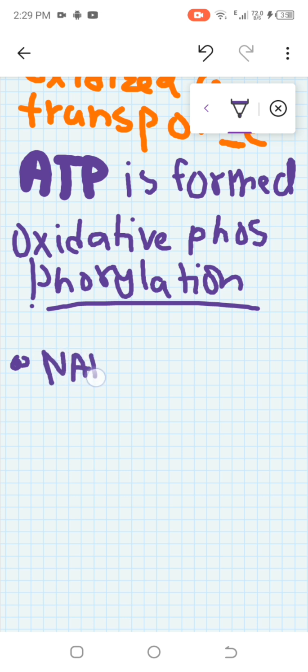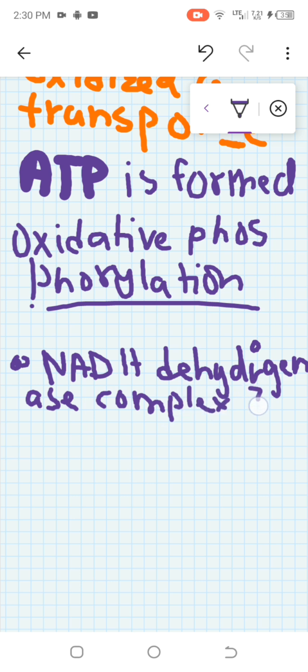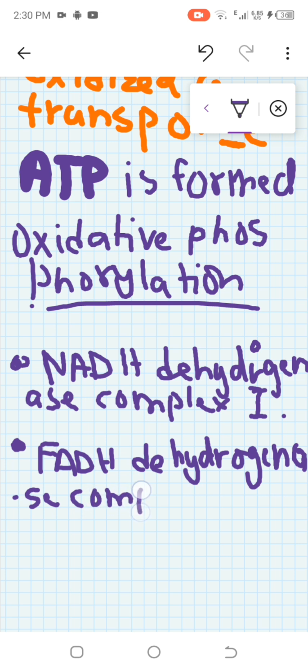The second component is FADH dehydrogenase complex 2.